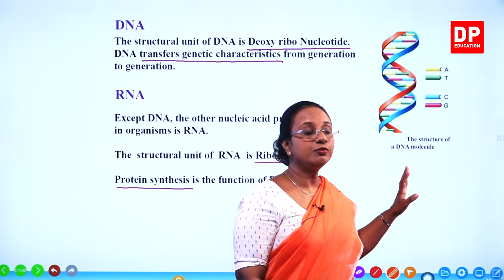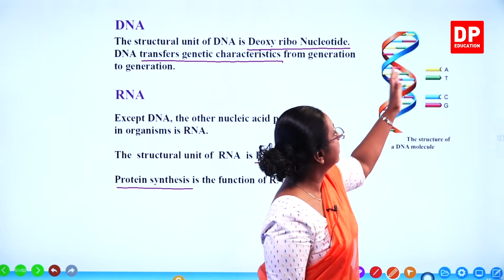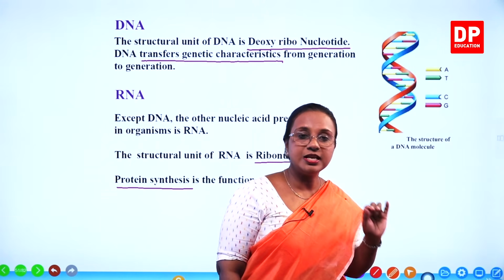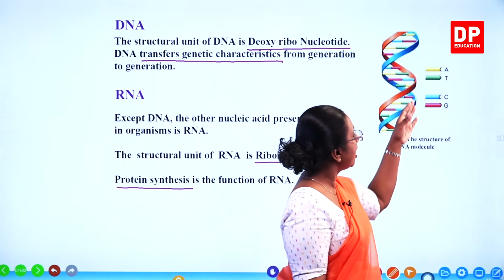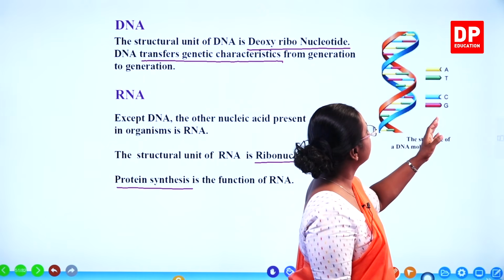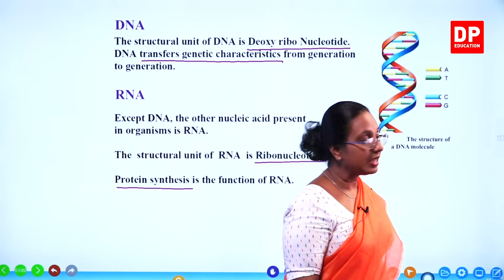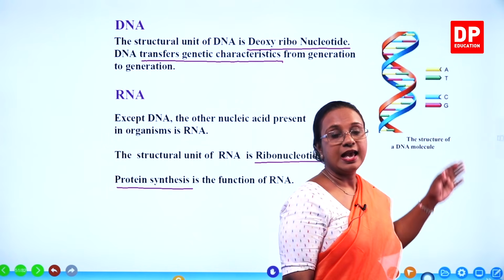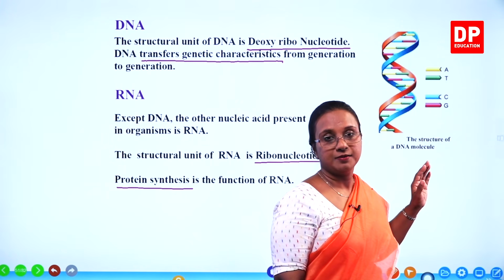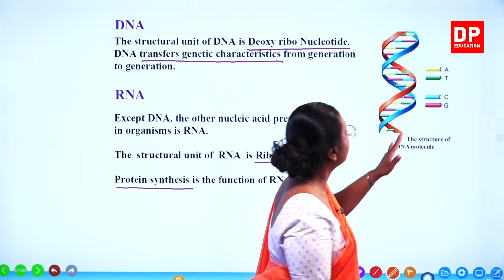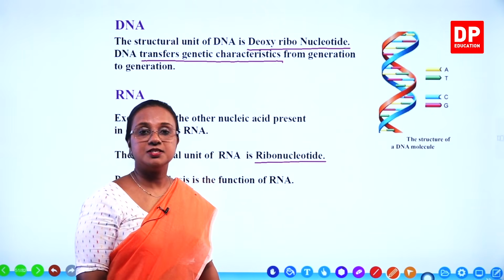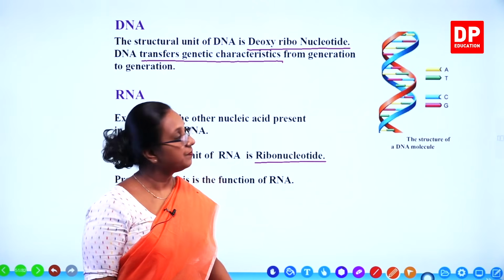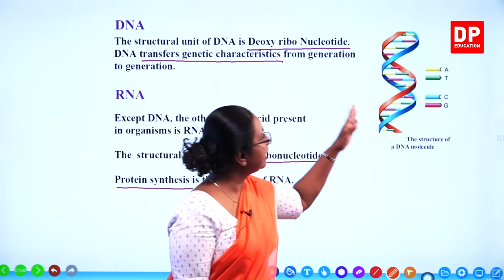You don't have to go into detail about the types of nitrogenous bases, but you just need to remember that there are 4 types denoted as A for adenine, T for thymine, C for cytosine, and G for guanine.